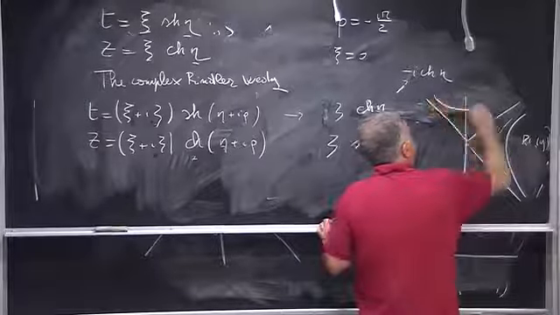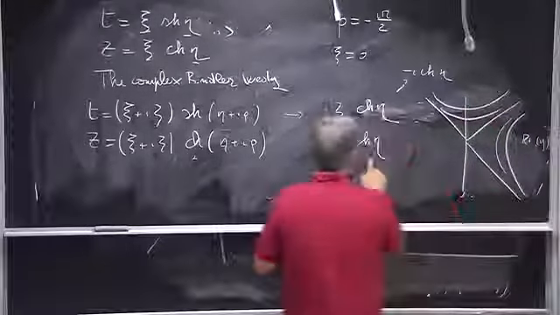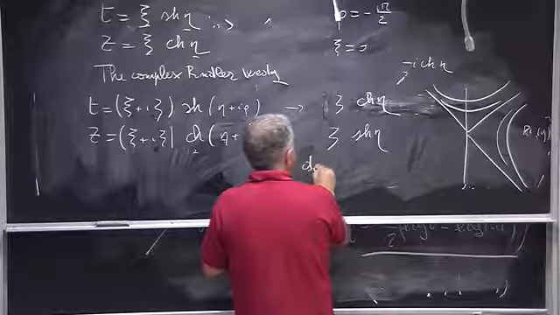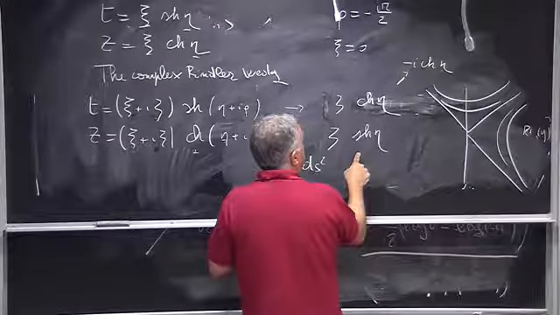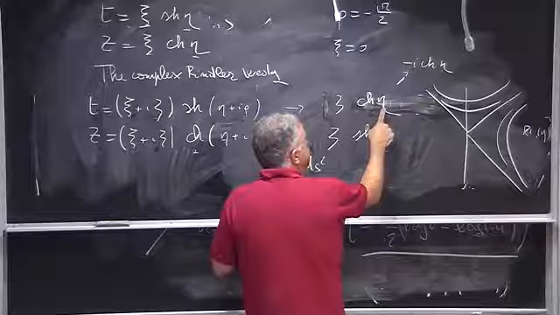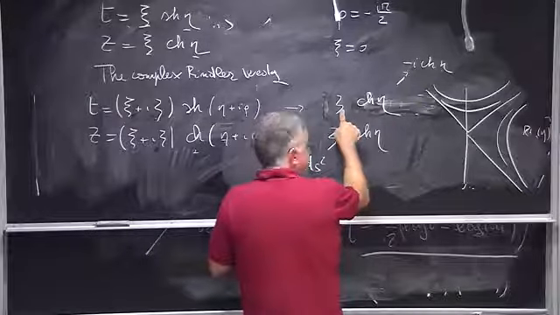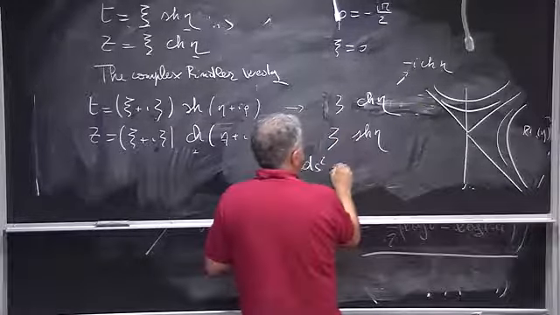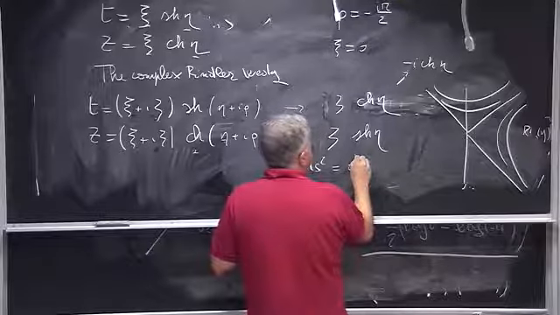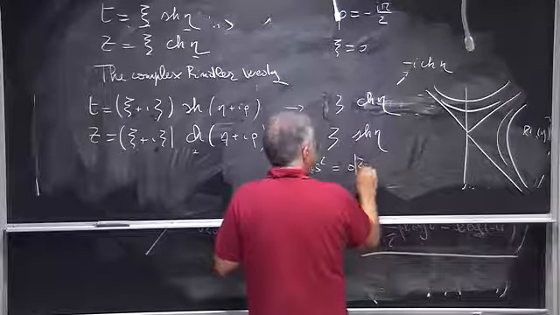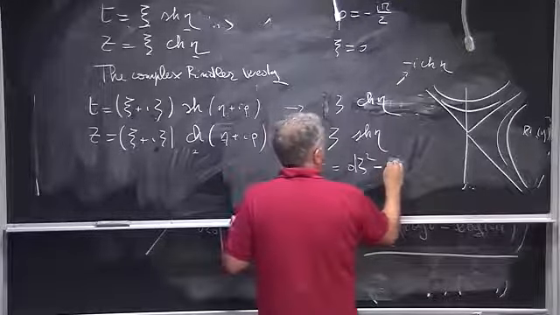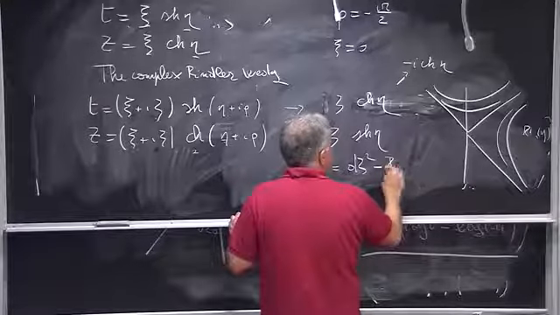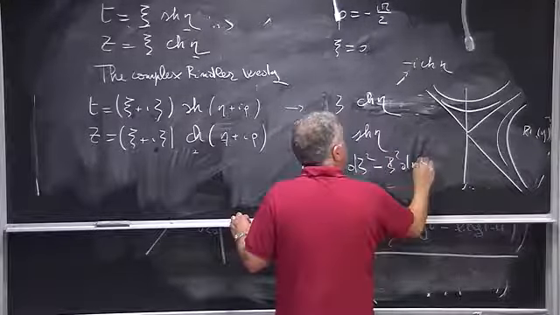Now we are here. Of course, if you write the metric ds in these coordinates, now eta is a space-like coordinate, and zeta is a time-like coordinate. So the metric is now zeta square minus zeta square d eta square.